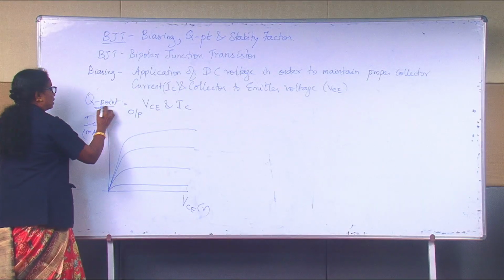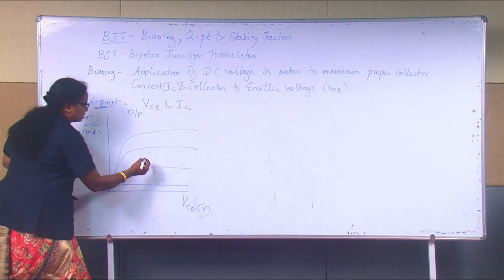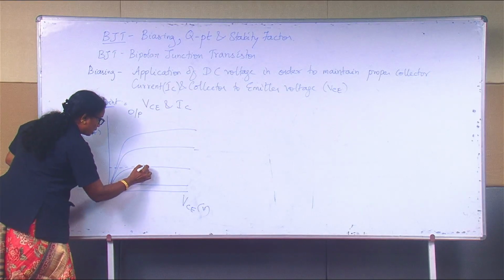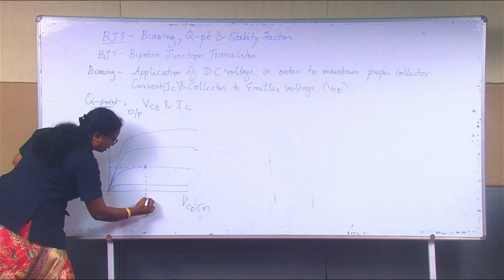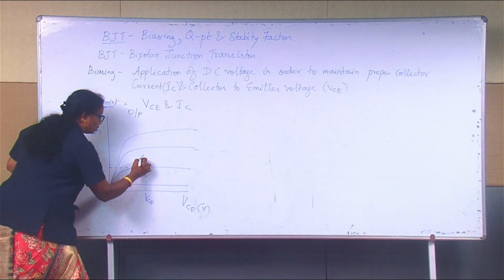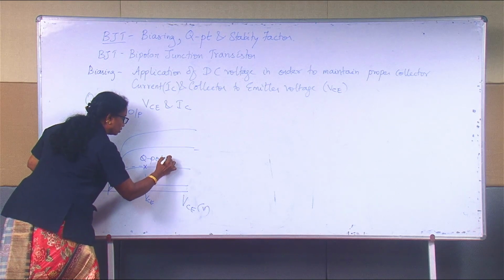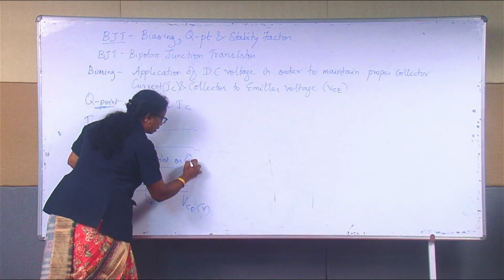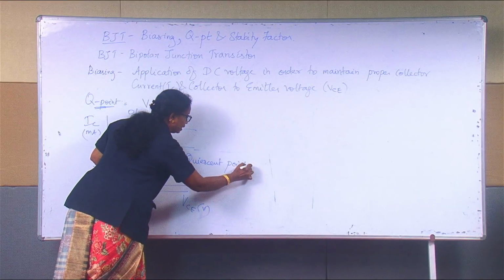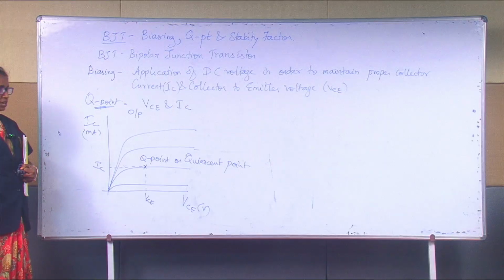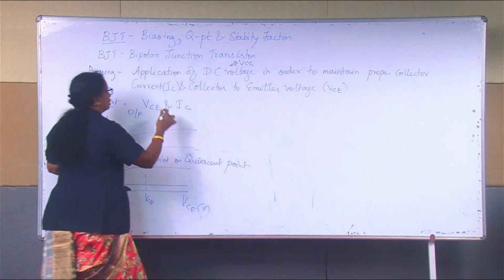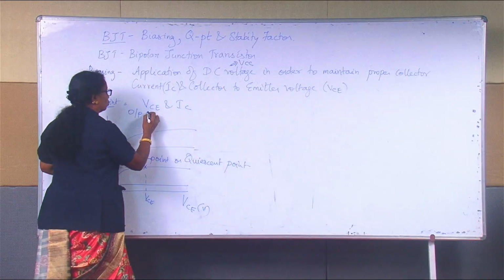As I say, consider the Q point lies somewhere here, which means this value of collector to emitter voltage and this value of collector current is what you say as Q point or quiescent point. Why is it called quiescent point? Because for any specific voltage, say VCC, this collector current and collector to emitter voltage will be fixed.